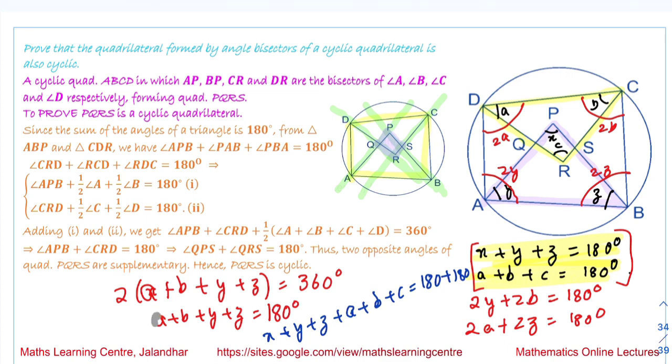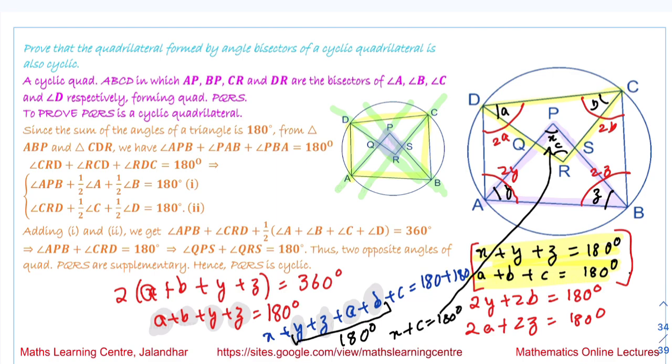Now what is the value of A plus B plus Y plus Z? The value of this portion over here is 180 degrees. So what we are left with is that X plus C is equal to 180 degrees. So angle X plus angle C is equal to 180 degrees.